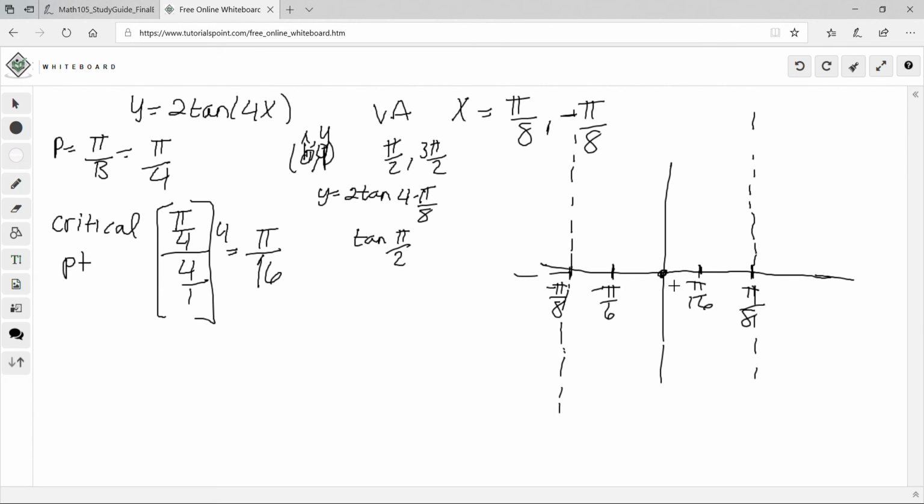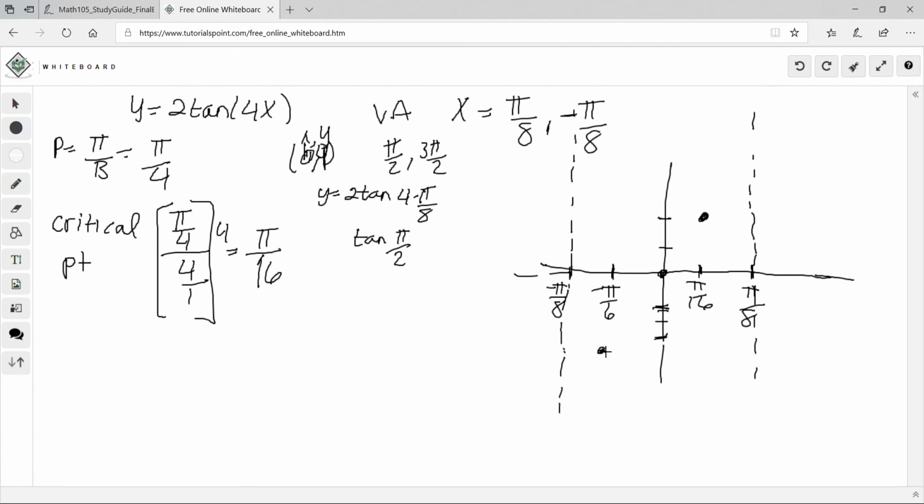So let's start with 0, 0. If you plug 0 into the function, you get 0. If you plug in pi sixteenths, you're going to get positive 2 on the y value. And if you do negative pi sixteenths, you're going to get negative 2.